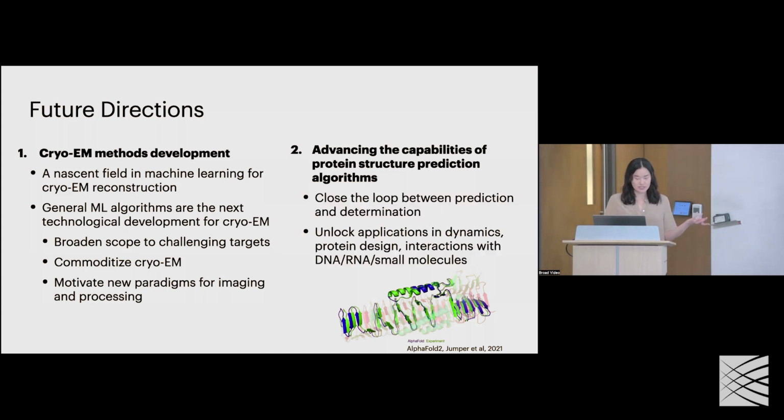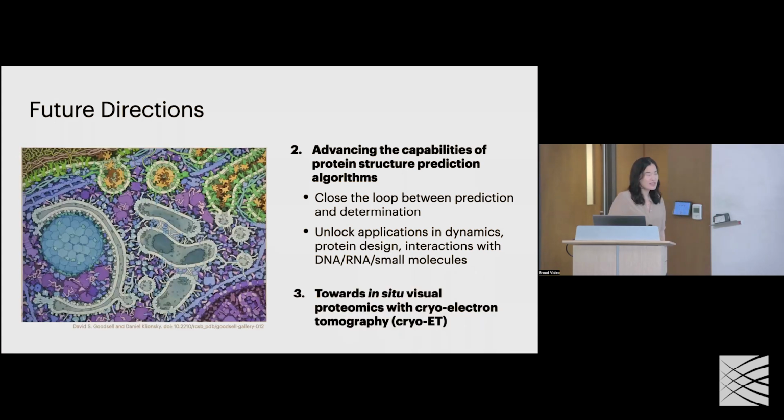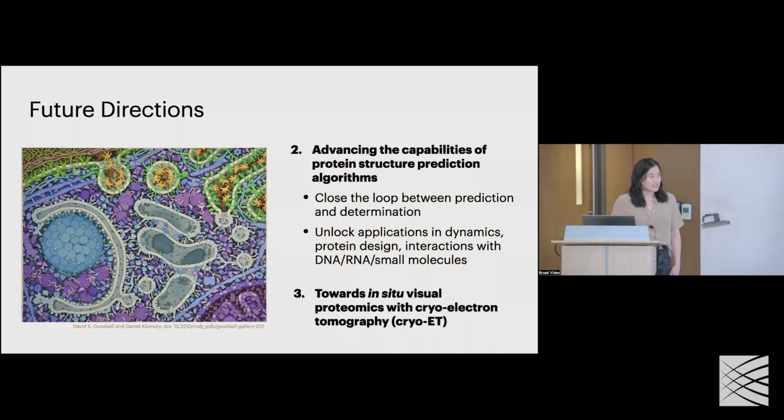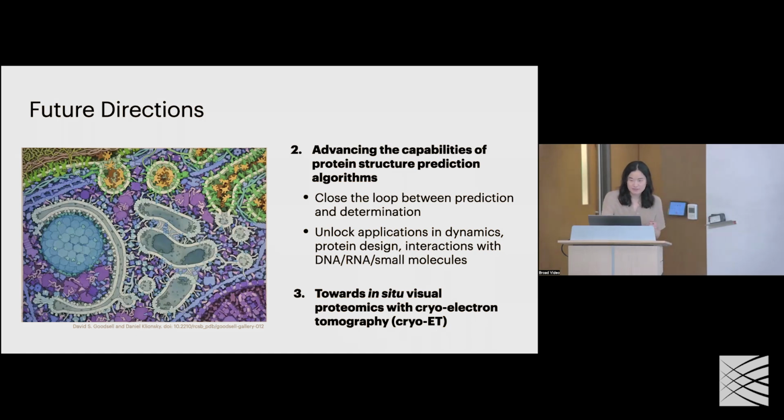So closing the loop between prediction and determination and really unlocking new applications in understanding protein dynamics, protein design, and also the interaction with other types of molecules that are not as commonly found. And then finally, bringing this all together for in situ visual proteomics with technologies like cryo-ET, as well as other types of biochemical and biophysical methods.